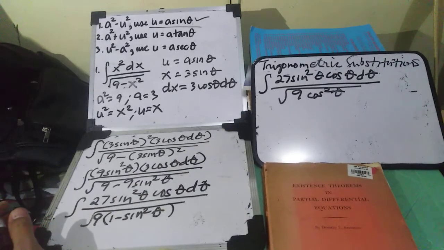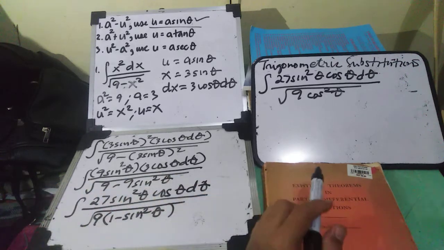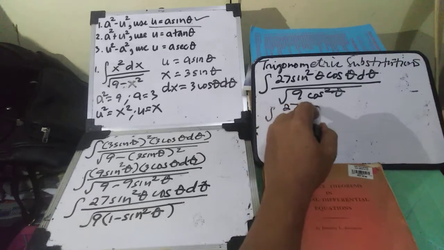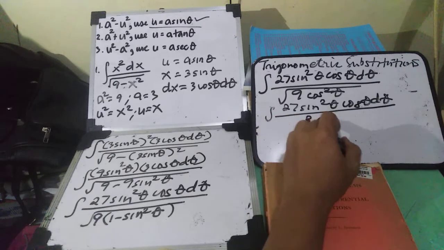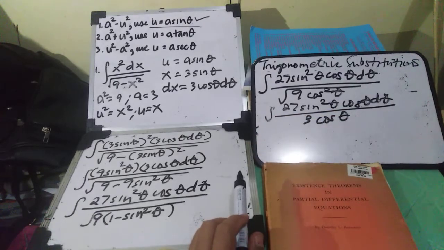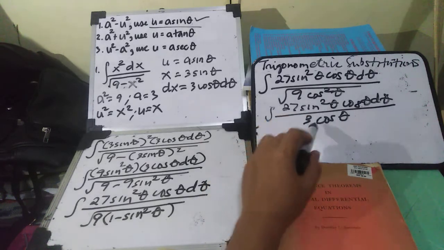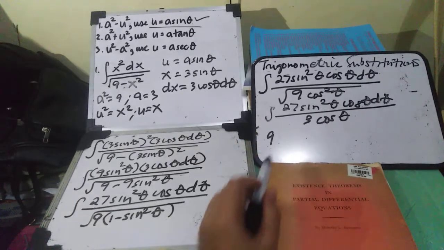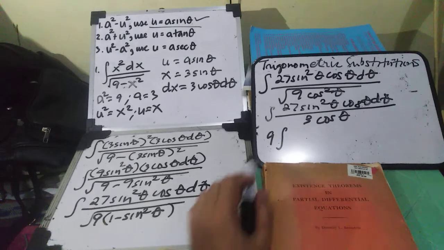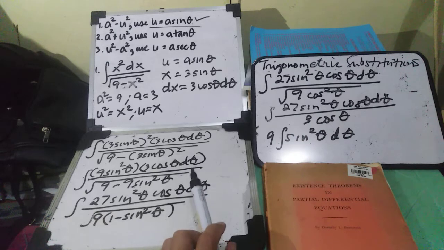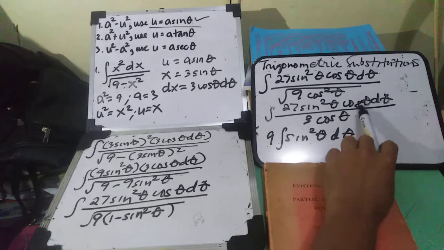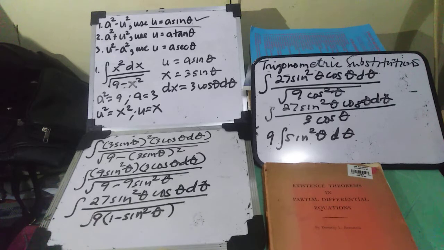Then upon getting the square root of the denominator, we have 27 sine squared theta cosine theta d theta all over 3 cosine theta, which can be simplified to 9 integral of sine squared theta d theta, since we divide 27 by 3 and cosine theta by cosine theta.